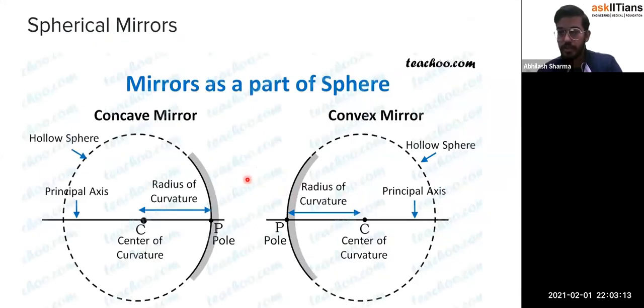Now moving ahead, today when we are talking about the spherical mirror, there are many parts to it. First of all, why is it called a spherical mirror? It's called a spherical mirror because it's made out of a sphere. How is it made out of a sphere? Well, we take a metallic sphere and polish one side of it.